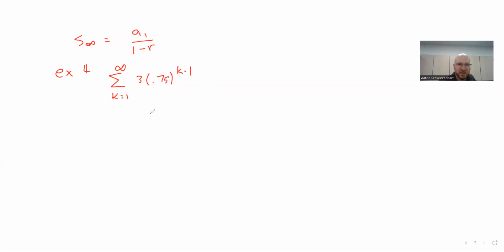So something I need to get here is A sub 1 or G sub 1 by plugging in 1. 1 minus 1 is 0. 0.75 to the 0 is 1. A sub 1 is 3. My common ratio is 0.75.